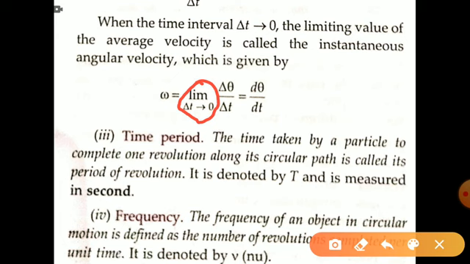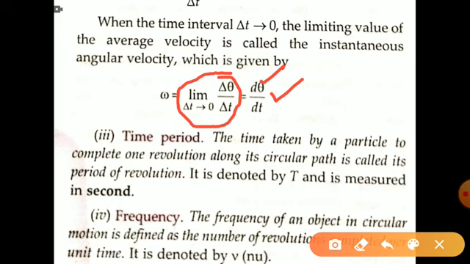It is very near to 0, a very small change. So by applying the limits to delta theta by delta t, this average value can be converted into the instantaneous value. Now the unit of angular velocity will be radian per second, because theta has unit radian divided by time, that is radian per second.